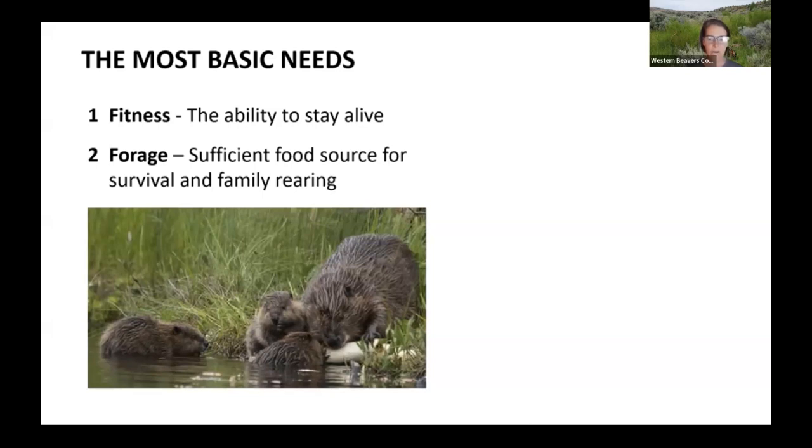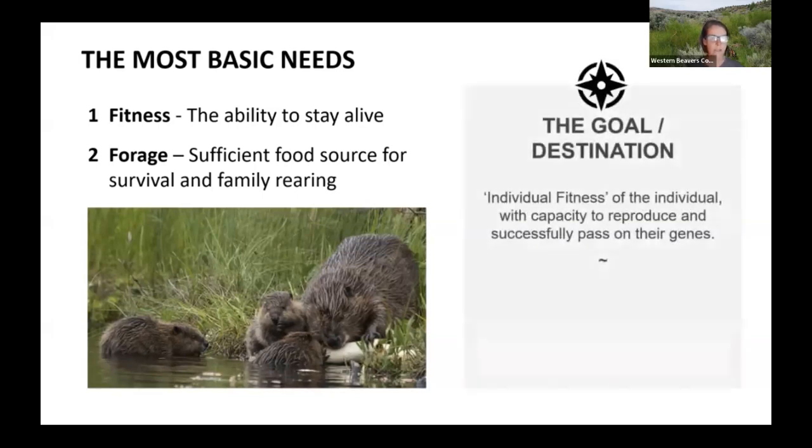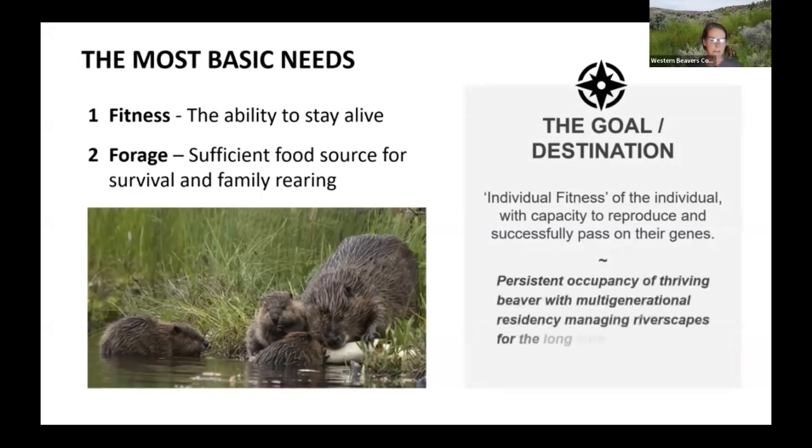So the translation for us when writing a grant application aligned with beaver's interests might use language something like this, or maybe something like this. Our goal isn't BDAs, and I expect most folks would agree that our goal really is beavers.